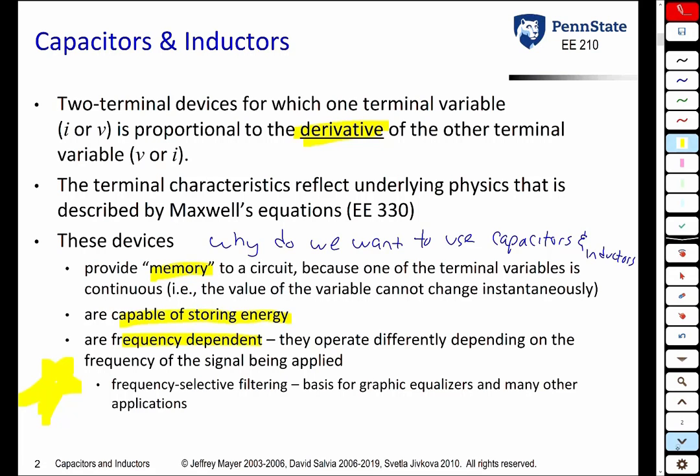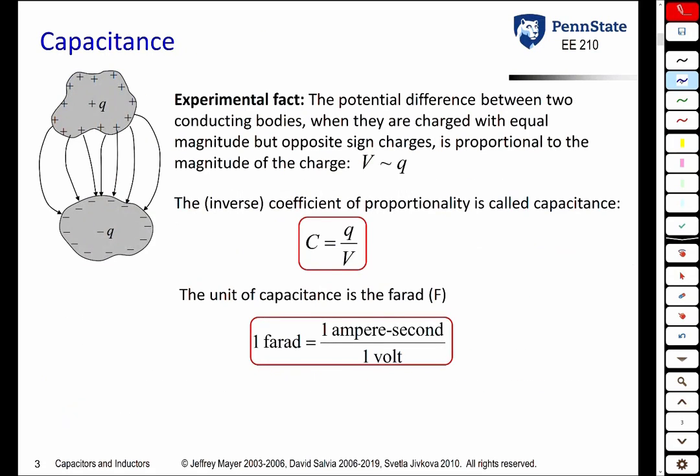So let's talk about capacitors first. Before we talk about capacitors as devices, let's talk about capacitance as a phenomenon. So imagine you have two different conducting bodies. One body up here and another body down here. Let's assume there's a whole bunch of excess positive charges on this conducting body and a bunch of excess negative charges on this conducting body.